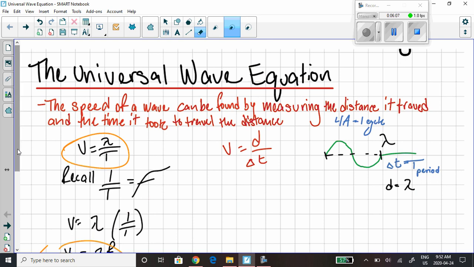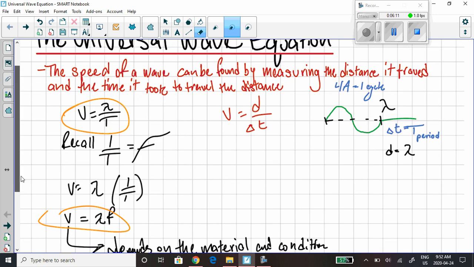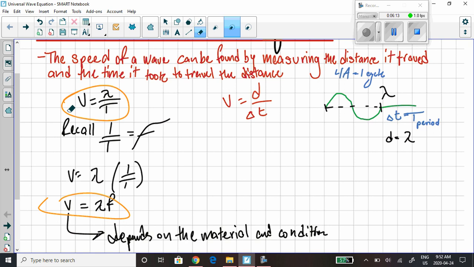If you don't remember, you'll have to go back and look at your notes, please. So instead of writing the universal wave equation as divided by period, let's have it being multiplied by the inverse of period, 1 over period. Because remember, if you divide something by a quantity, it's the same as multiplying by the inverse.